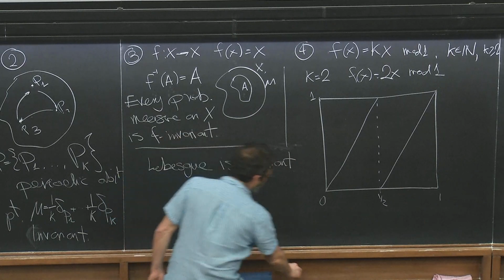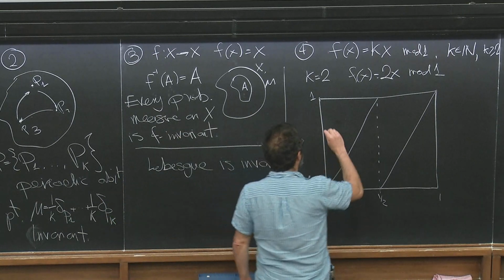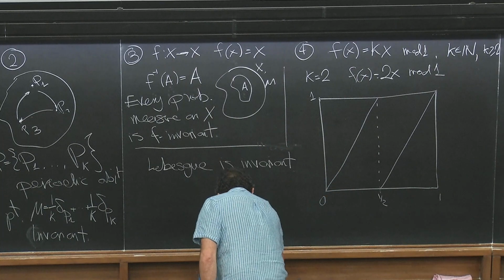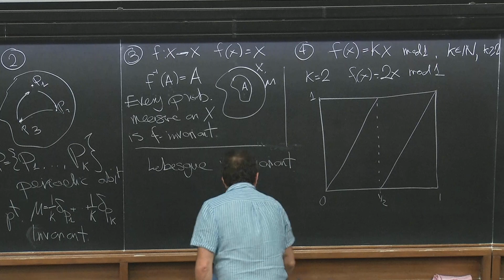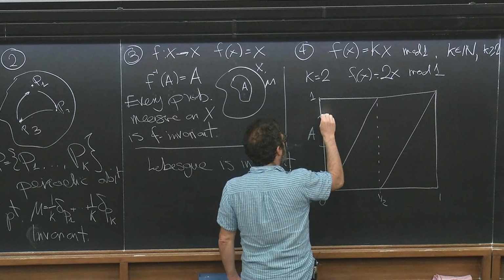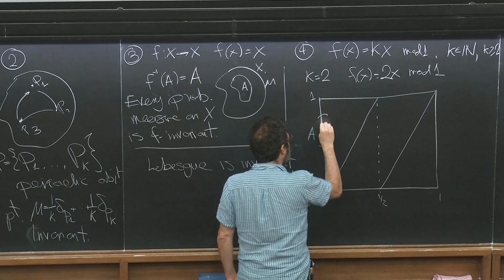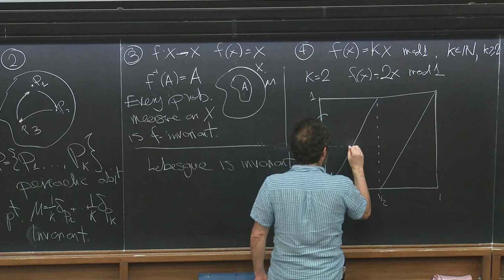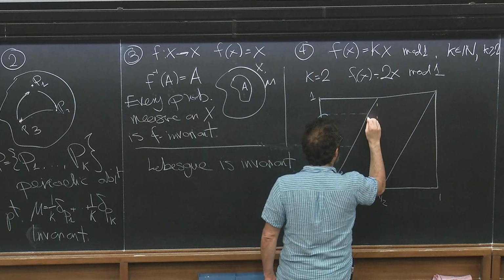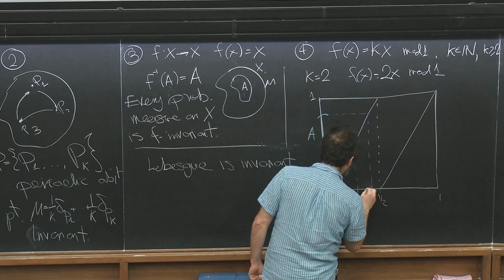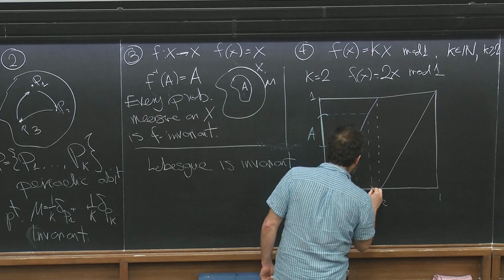Indeed, of course, if we take an interval A and look at the pre-image of A, the pre-image has two components.